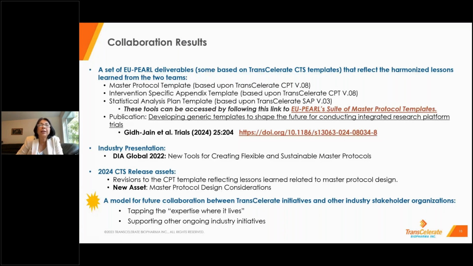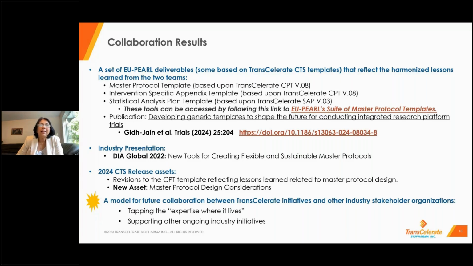It's interesting because it asks the person or the organization questions which tell whether a master protocol approach is a good approach for the particular clinical trial. So this has been a model for future collaborations between TransCelerate and other industry stakeholders.